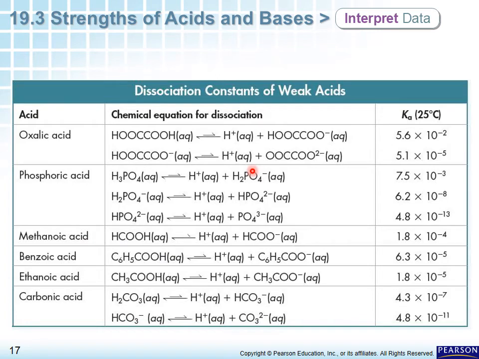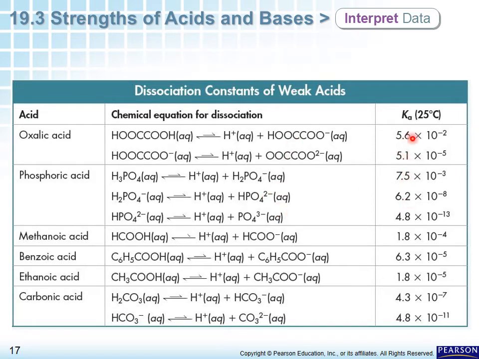These are a few dissociation constants for weak acids. For oxalic acid, there are two. Remember, because it is a two-step reaction, it is diprotic. Phosphoric acid is triprotic.